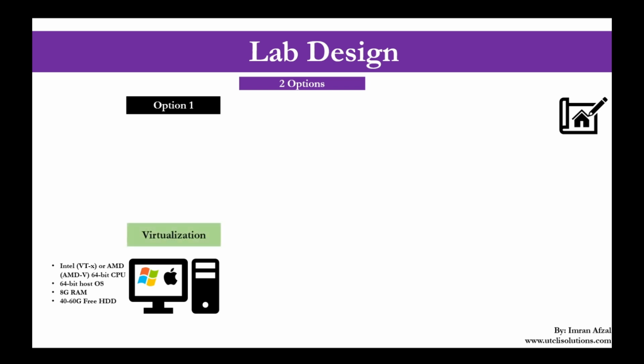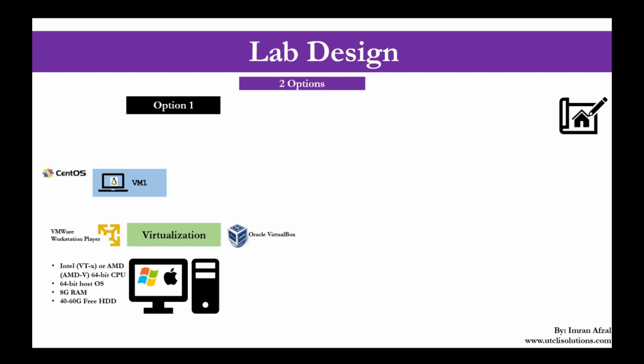Then what we will do is install virtualization software on top of that operating system. That virtualization software could either be Oracle VirtualBox or VMware Workstation Player. Then we will create a very first virtual machine on that virtualization software, and then we will install a Linux operating system.